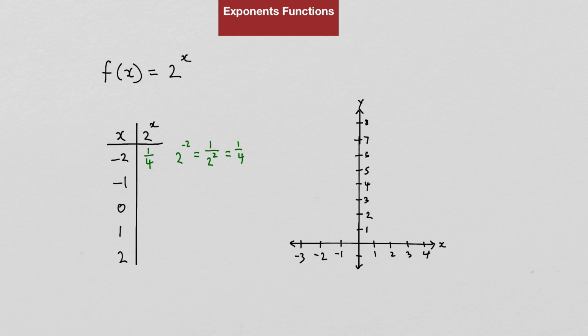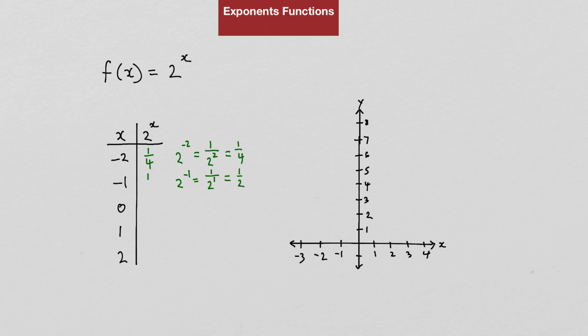Okay, so let's go ahead and take the next x value and insert that into the function. Let's just go ahead and work that out anyway: 2 to the -1 power is the same as 1 over 2 to the 1 power, which is the same as 1 over 2.